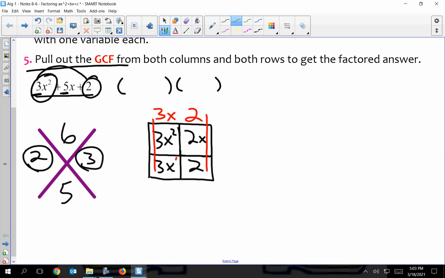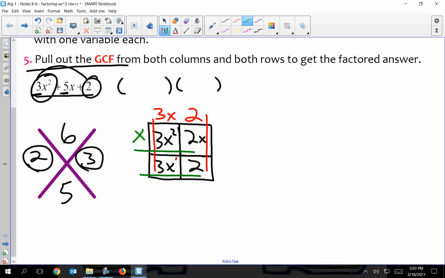All right. Now I'm going to go this way, sideways, and take out GCFs. What can I take out of both of those? Well, I can't take a 3 out of a 2 or a 2 out of a 3, but I could take out a power of x. And then what can I take out of those 2? This is where you've got to be careful, and you might want to write this down. There is really nothing I could take out of those 2. We don't usually do this as GCFs, or we haven't done it before, but for now we have to.